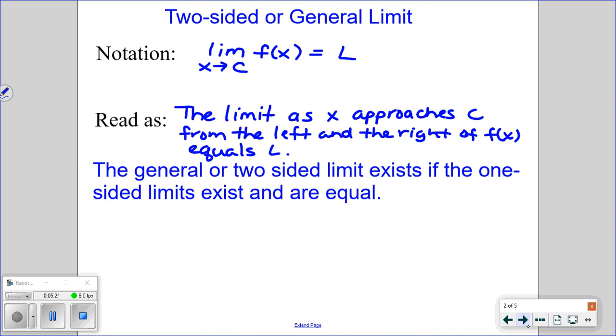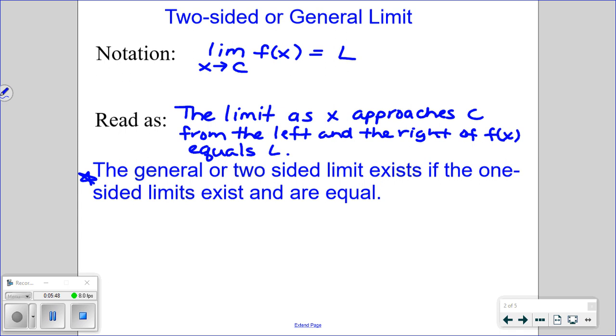Okay, now, this statement is very important. Put a star by it. In order for the two-sided or general limit to exist, the one-sided limits have to exist and they have to equal each other. Okay, so the general or two-sided limit exists if the one-sided limits exist and are equal.